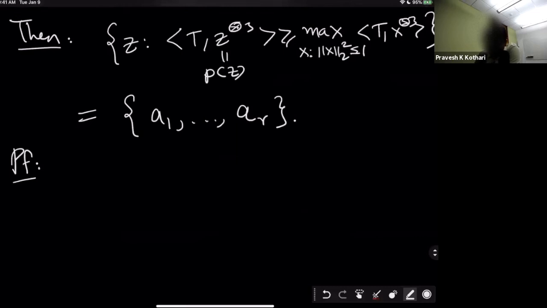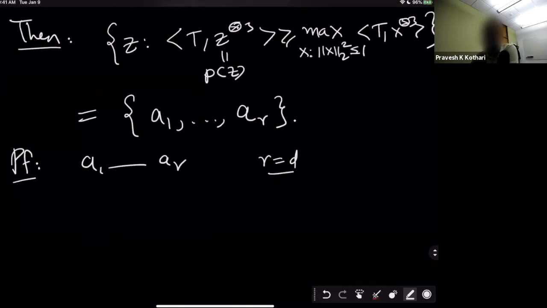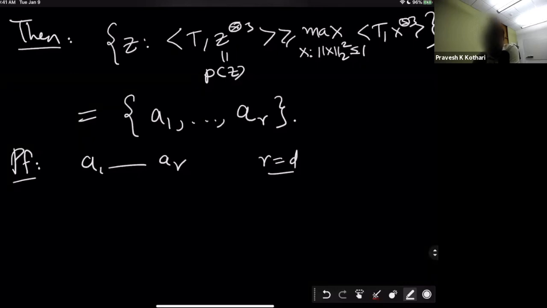Okay, good. So the a_i are orthonormal, right? Let's assume, and you'll see eventually that it doesn't matter, that R is equal to D. So let's say I have D orthonormal vectors. Then a_1 through a_R are in fact a basis for all vectors in d dimensions, right?